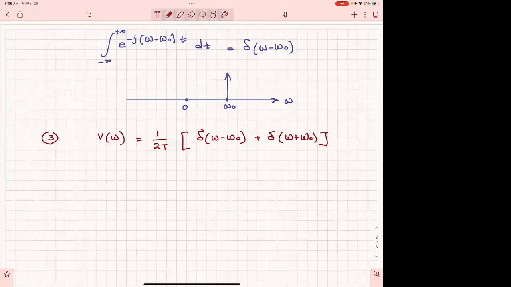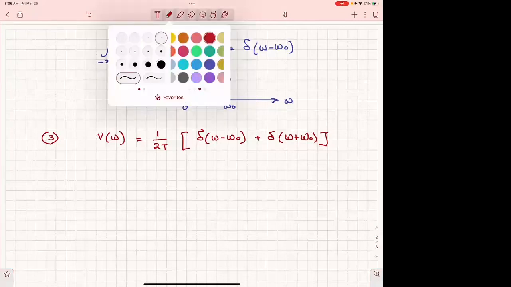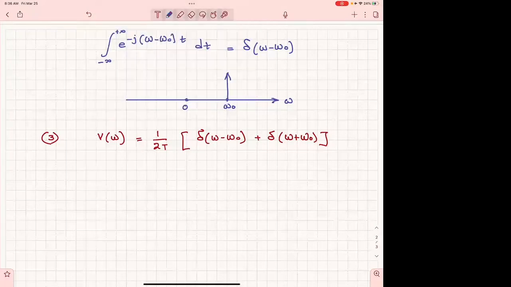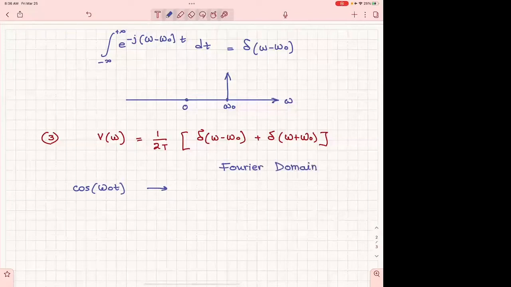All of this is mathematical, but if we assume that this was a variable, then practically our cosine of omega naught t in the frequency domain, which we also call the Fourier domain because we apply the Fourier transform, has the following form.